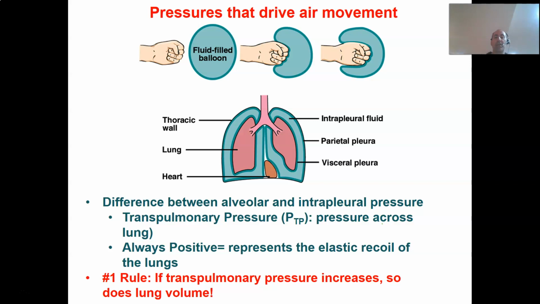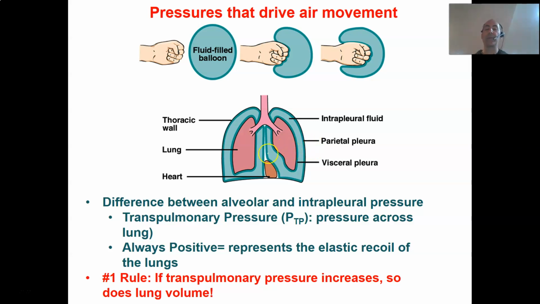So, differences between the alveolar and intrapleural pressure. You have what's called transpulmonary pressure, which is P subscript TP. Transpulmonary pressure is a type of transmural pressure, and a transmural pressure is a pressure across a boundary between two areas.